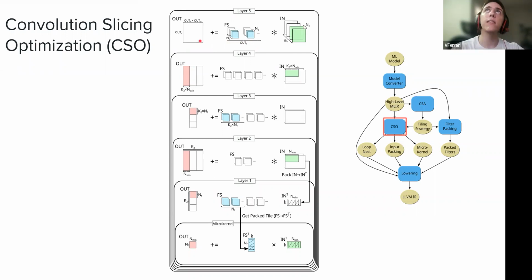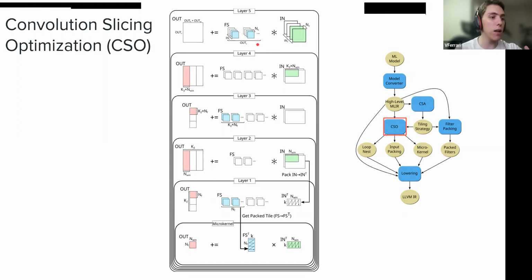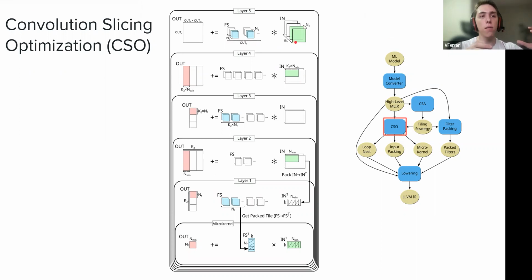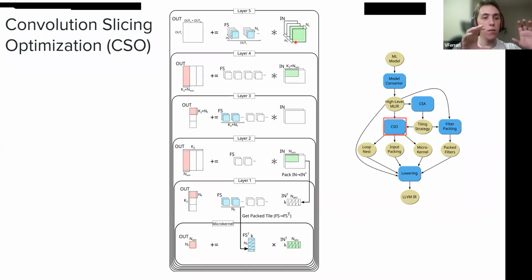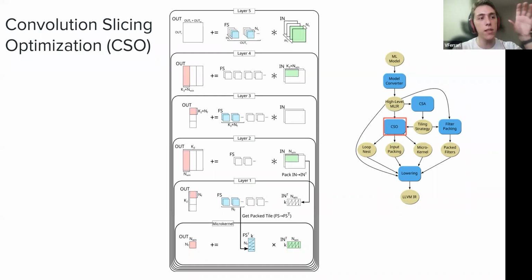This is the outermost loop because there's no reuse between these different channels, because they have different data. So we don't have reuse between them. So the best way to iterate through them is after every single tile of these 16 channels has been computed.